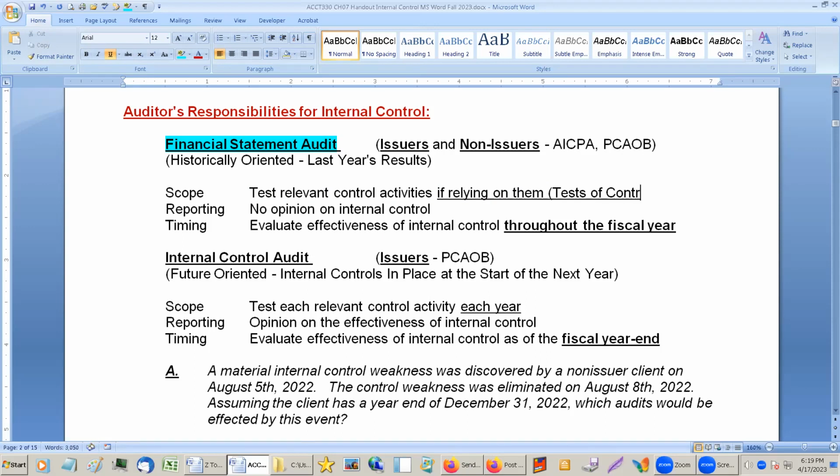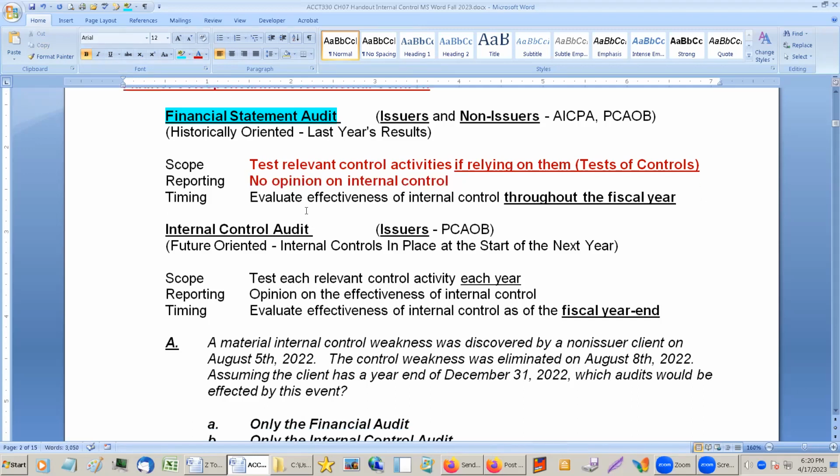If you're not going to rely on the controls, you don't need to do these. For a financial audit, no opinion on internal control. And timing, you evaluate the internal control throughout the year.